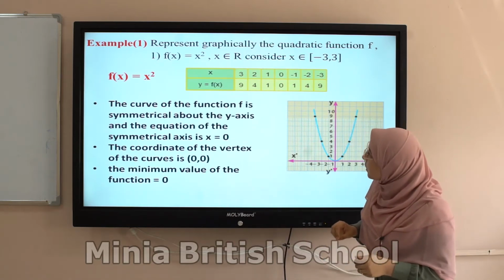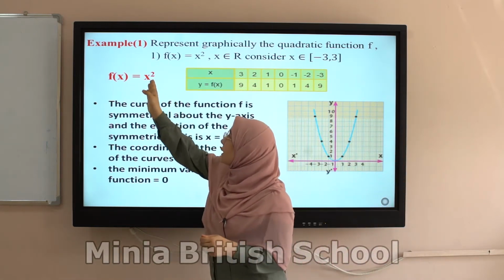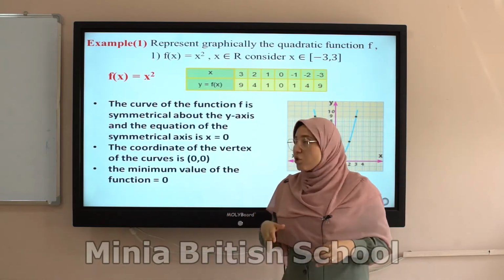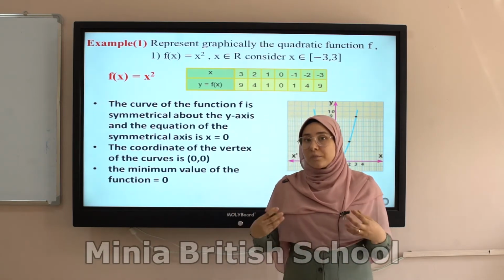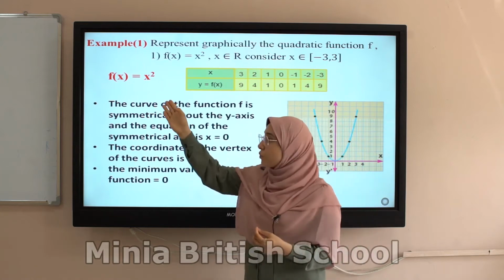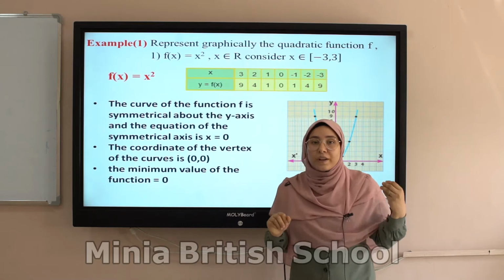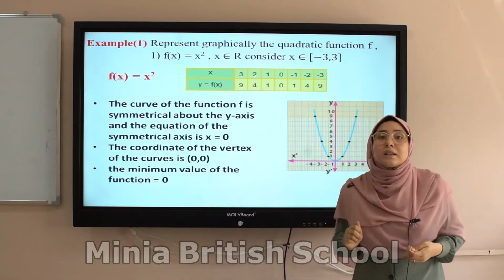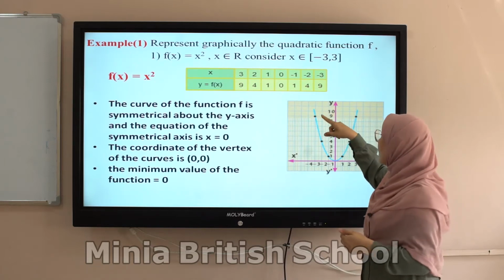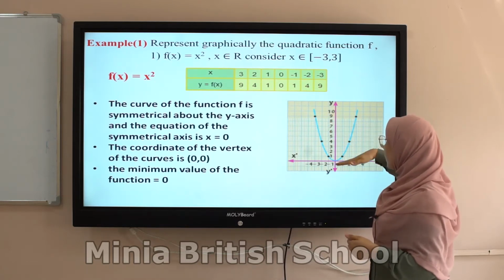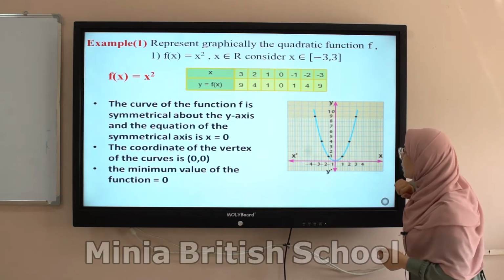And we know something from the function here, f(x) equals x power 2. The coefficient of x power 2 is a positive number, I mean the coefficient of x power 2 is greater than 0. When the coefficient of x power 2 is greater than 0, we note the curve lies above the vertex of the curve.